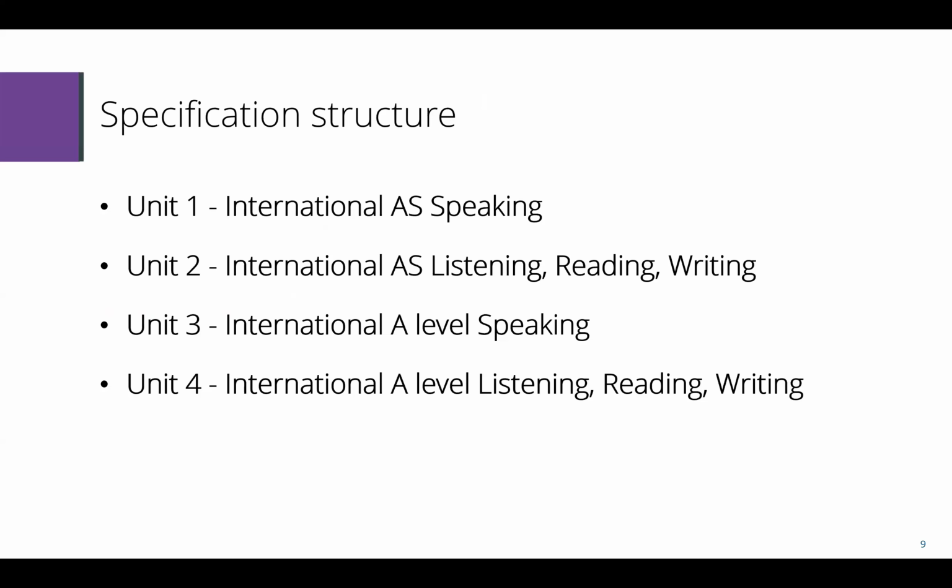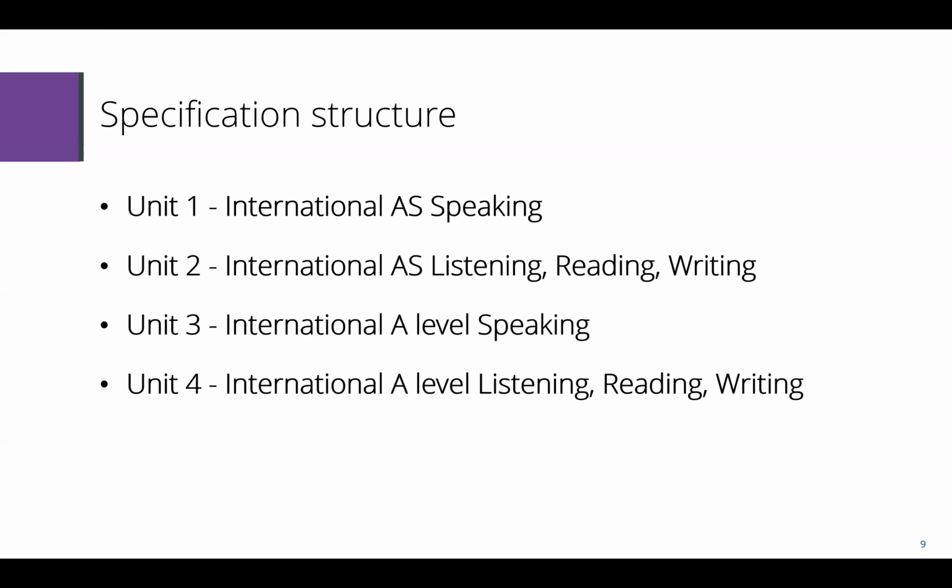So the overall structure then, as you know, is there are 4 units. Units 1 and 2 are for the International AS, and it is possible for students to just do the AS if that's what they want. And then if you're going to have the whole A-level, then they need to do units 3 and 4.